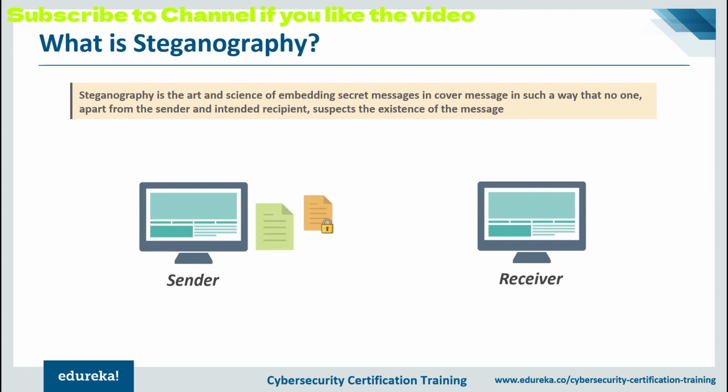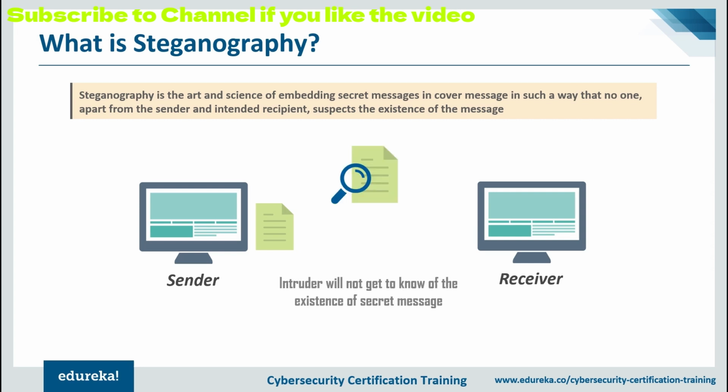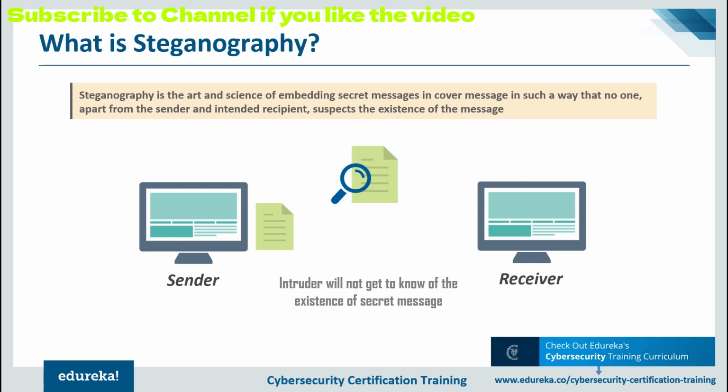No one will suspect that a communication or some sort of secret message is being sent. People will generally think it is an ordinary file and your secret message will go without any suspicion. Unlike cryptography, which conceals the content of a secret message, steganography conceals the very fact that a message is being communicated.